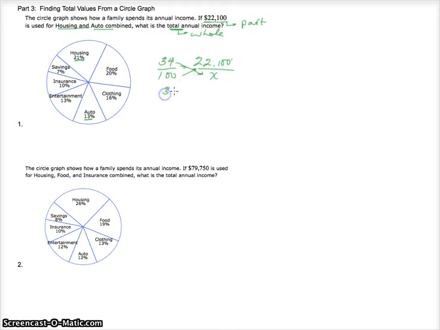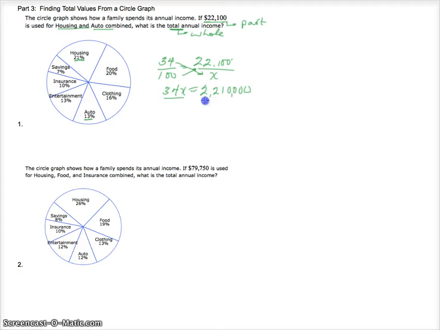I'm going to get 34x equals 2,210,000. Now I'm going to divide by 34 on both sides.